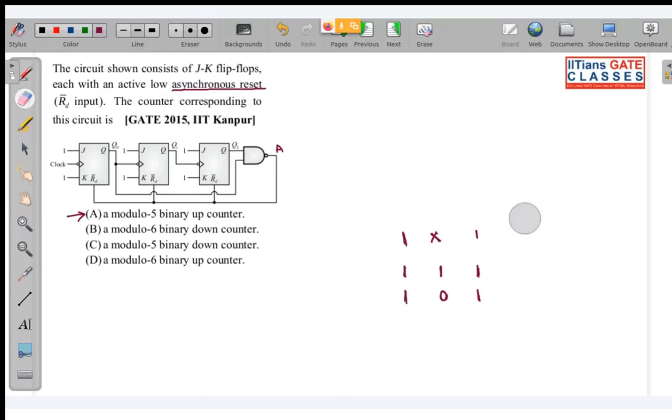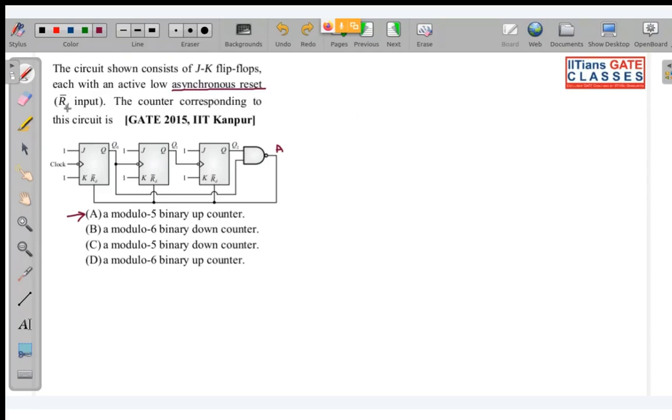That is what I was thinking: why have they taken the AND gate? Sorry, NAND gate. I am very sorry. So this is an up counter. Why did you guys tell me down counter? This is an up counter.